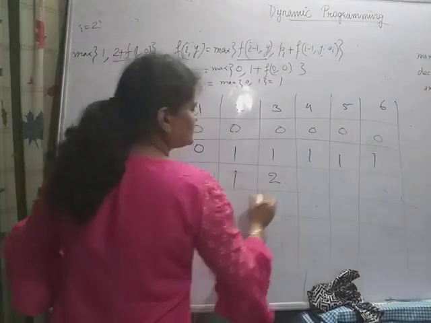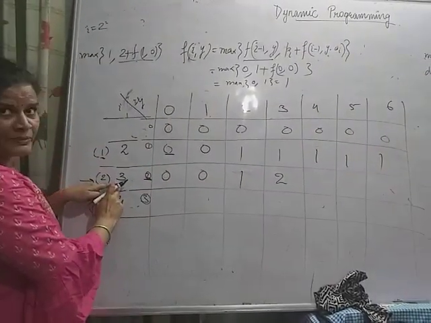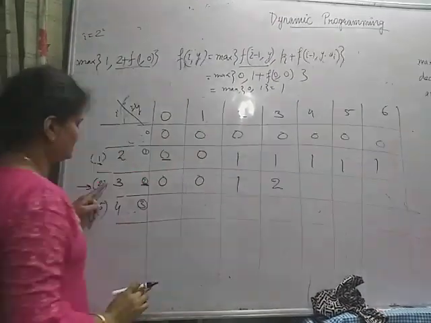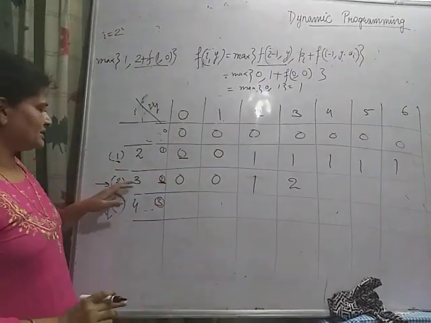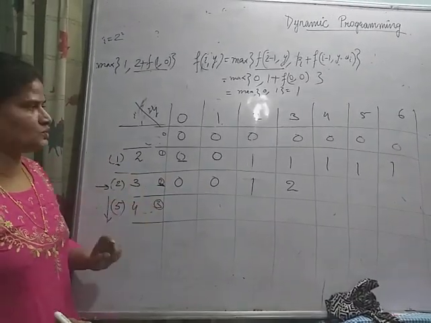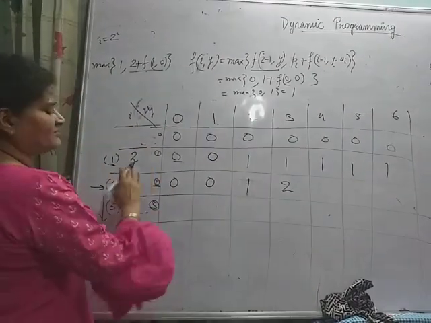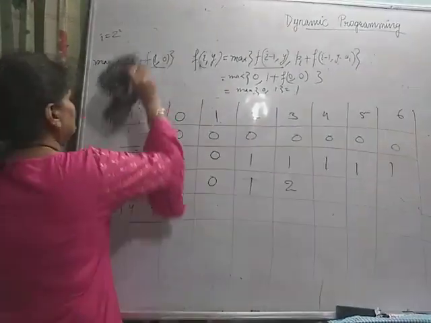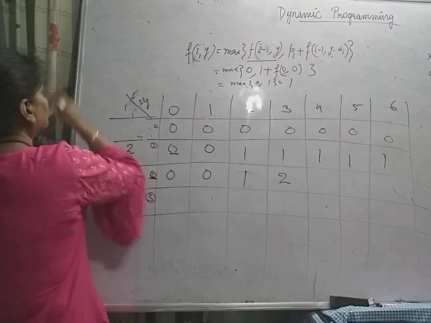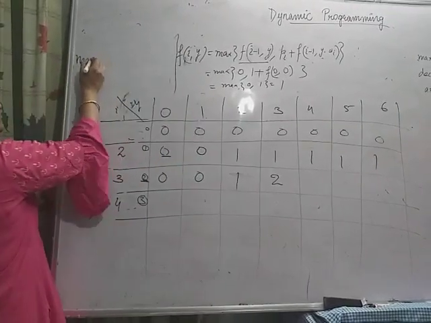So here 2 copy. Check it. Here 3. So the capacity is 3. So the 3 is included. The object 3 is included, and the profit earned is 2. Now if we consider 4, so again I will find what? Maximum of what?